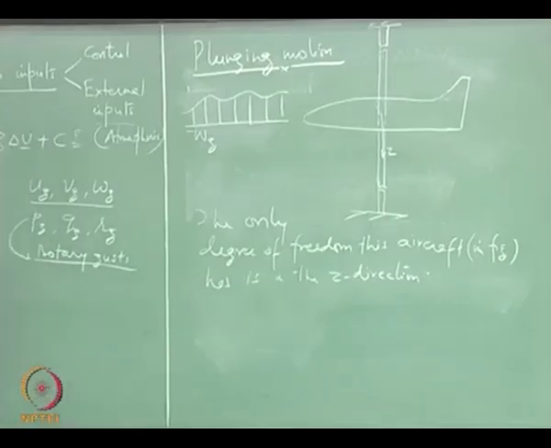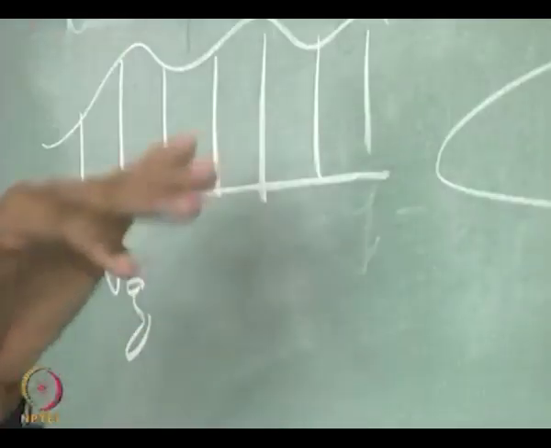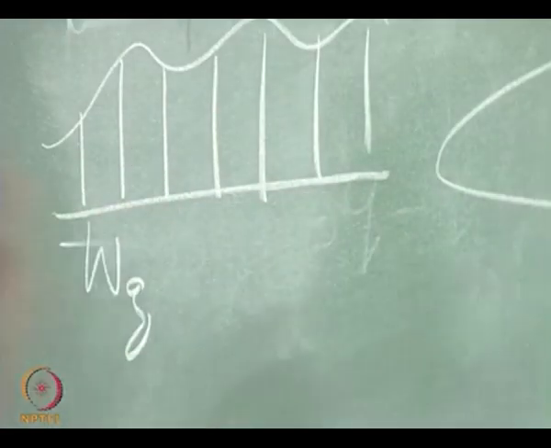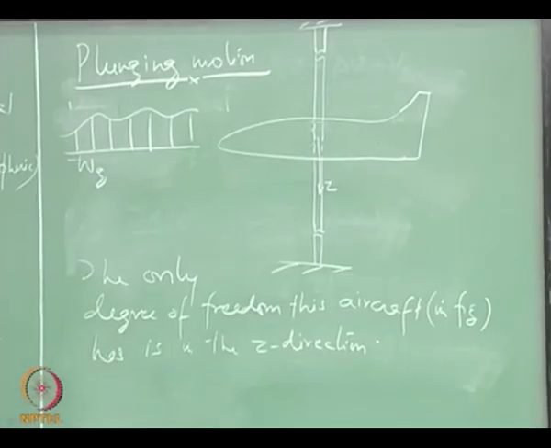Right. We will look at some cases. To start with, let us assume that this is the case. What is it going to change? It is going to change the angle of attack, right, because this velocity is in the vertical direction.